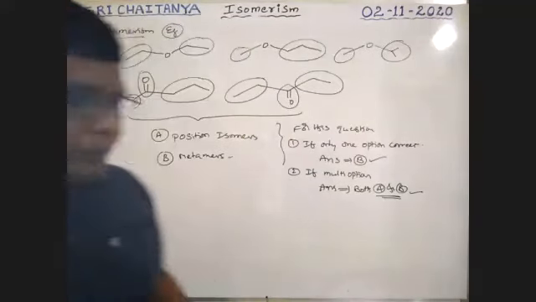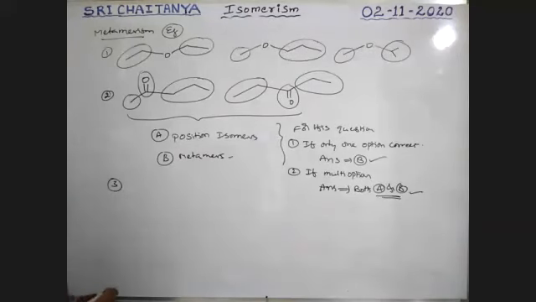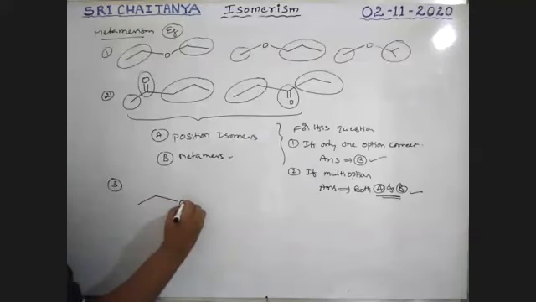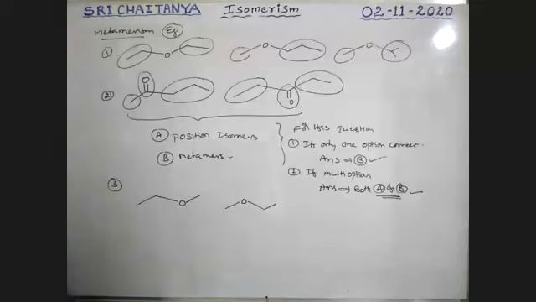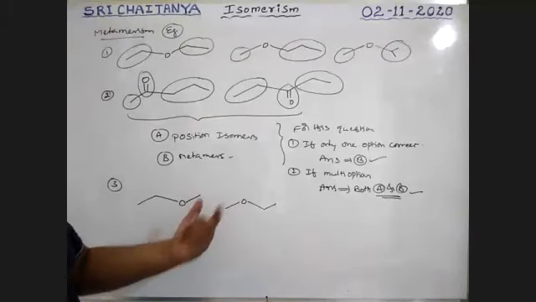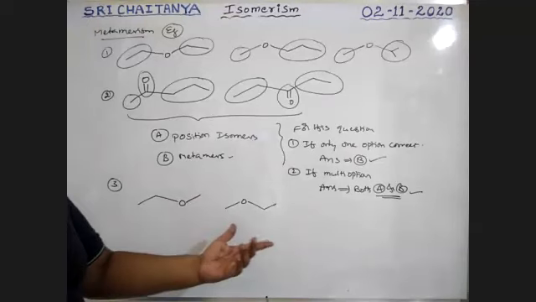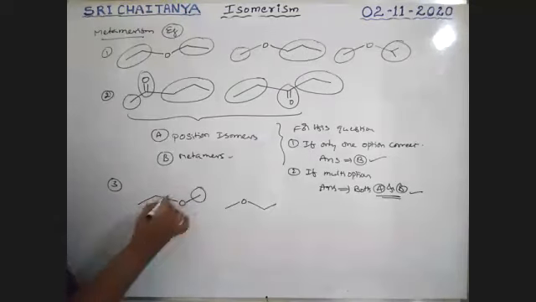See here. Next, boys, the third one. What about these two, boys? Are these metamers, or positional isomers, or particularly tautomers? Which one is correct? See here, it is methyl, it is ethyl.